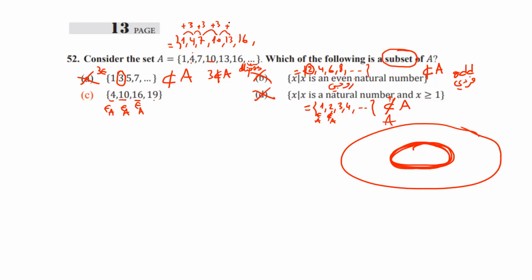So this is the characterization, the property of the elements of A. So after 16 in these ellipses, if you add 3, we come to 19. Then the next element is 22, and then 25, and so on. So you see that 19 also is an element of A. So all elements of this set are elements of A. So yes, it is a subset of A, and it's the correct answer.